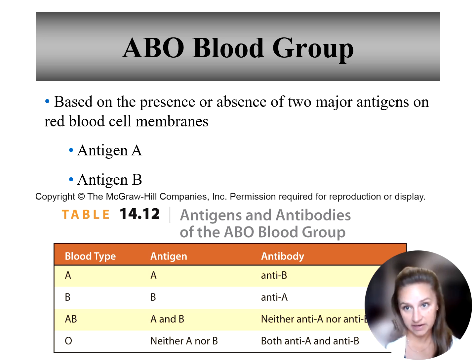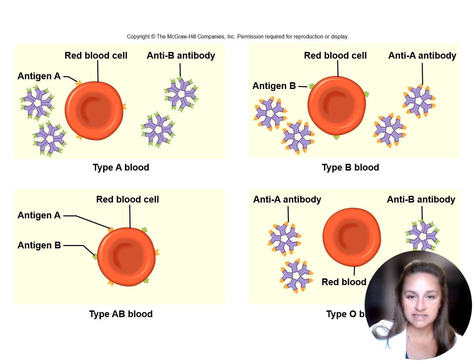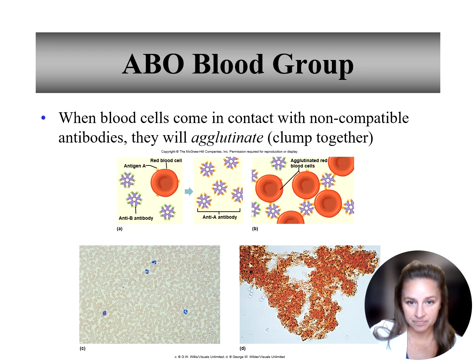The way that looks is here. This is what A looks like. It has A antigens and anti-B antibodies. Type B has B antigens and anti-A antibodies. AB has A and B antigens, and then type O has no antigens and both A and B antibodies.